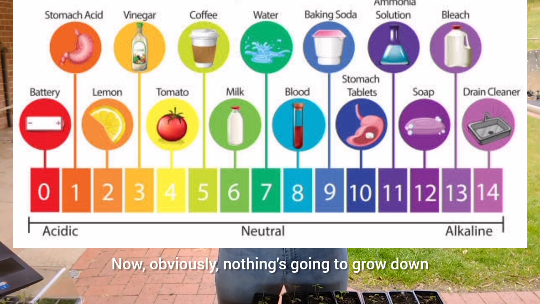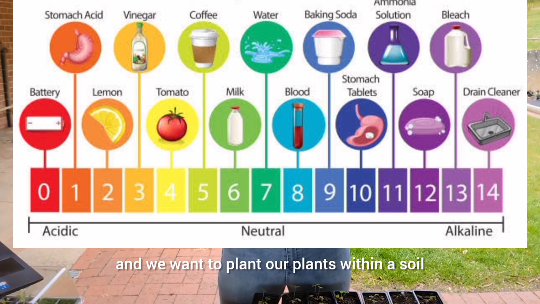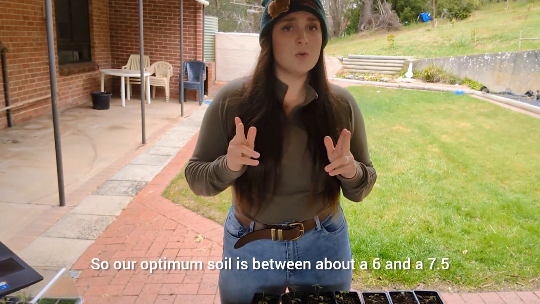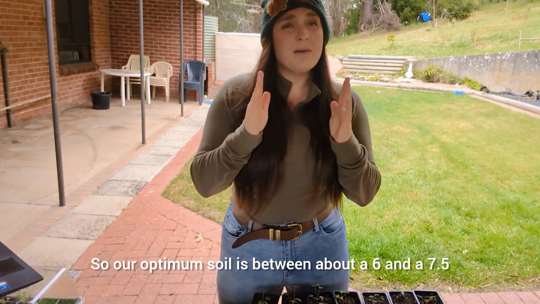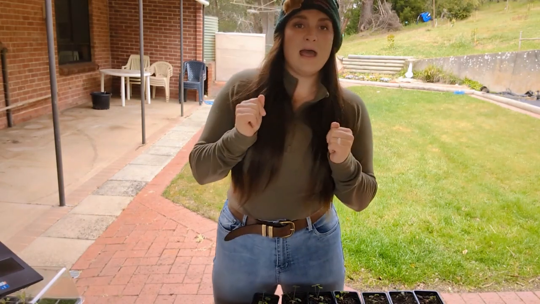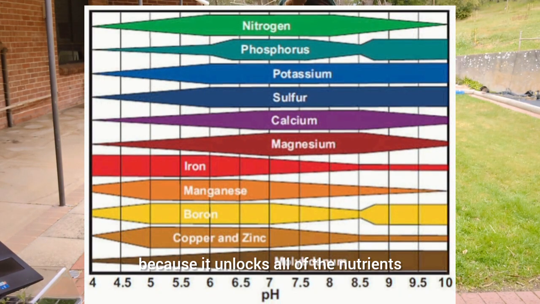Now, obviously, nothing's going to grow down either end of these scales, and we want to plant our plants within a soil that's around here. So our optimum soil is between about a 6 and a 7.5. The reason this is optimum is because it unlocks all of the nutrients that a plant requires to survive and thrive.